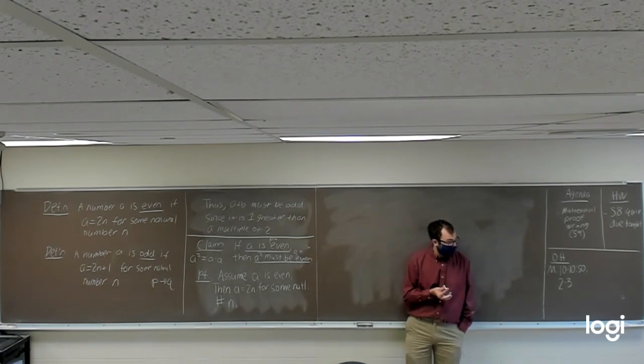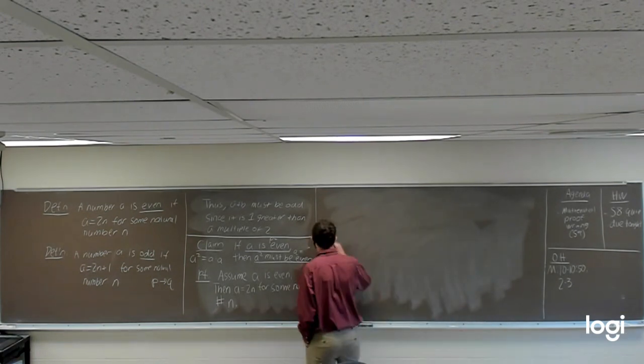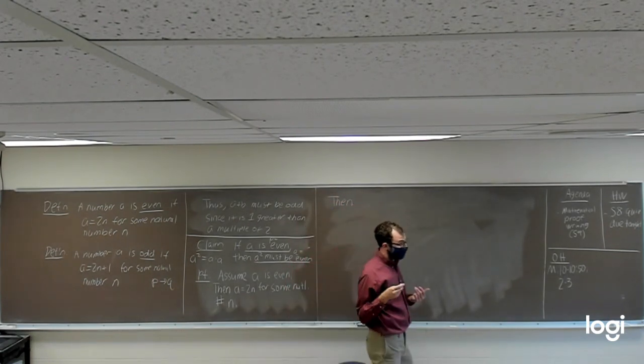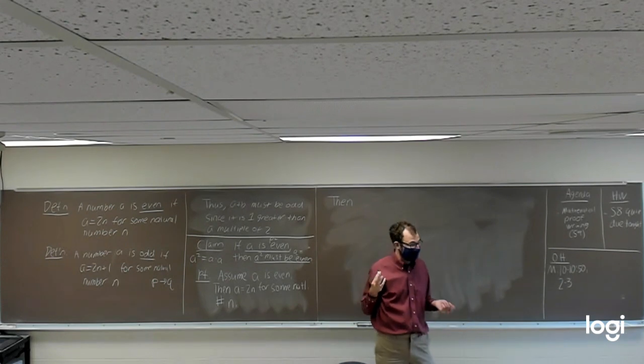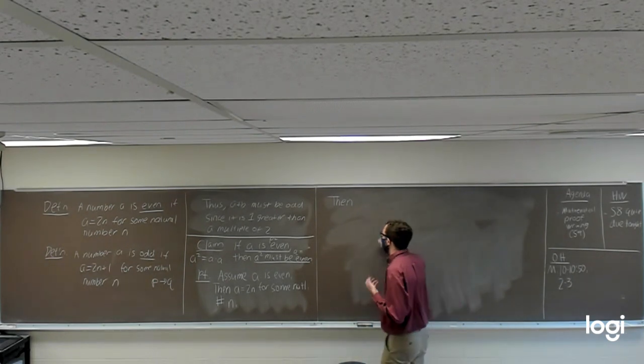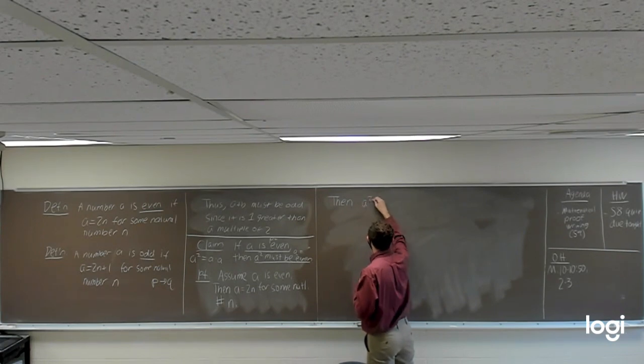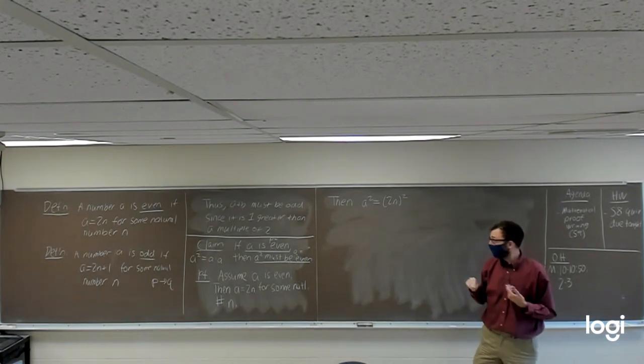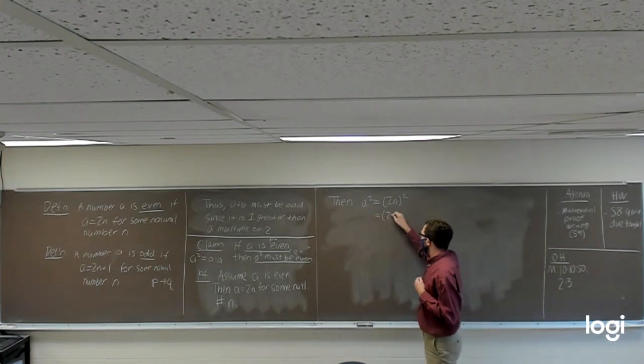Then A squared equals 2n times 2n. Yeah, then we can make the claim that if we know what A is, we should be able to write out exactly what A squared has to be equal to. If A is equal to 2 times n, then A squared should be equal to the expression 2n quantity squared, which is equal to 2n times 2n.